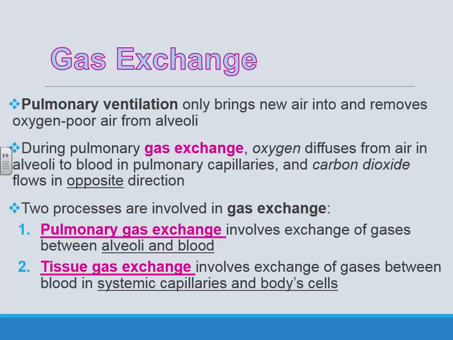Carbon dioxide goes in the opposite direction. So there's two processes or two things that are involved with gas exchange. One is pulmonary gas exchange, so that's the exchange of the oxygen, the carbon dioxide between the alveoli and the blood, and then the tissue or systemic gas exchange between the systemic capillaries out in the tissues and the body cells themselves.